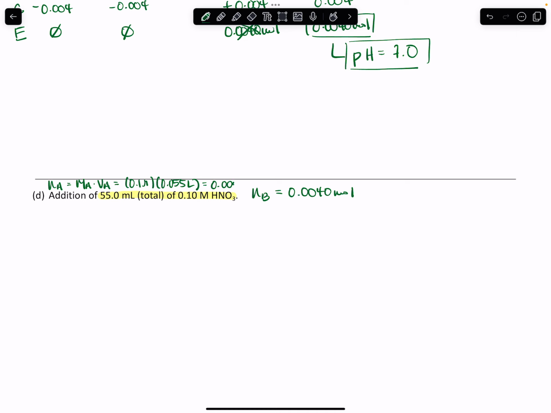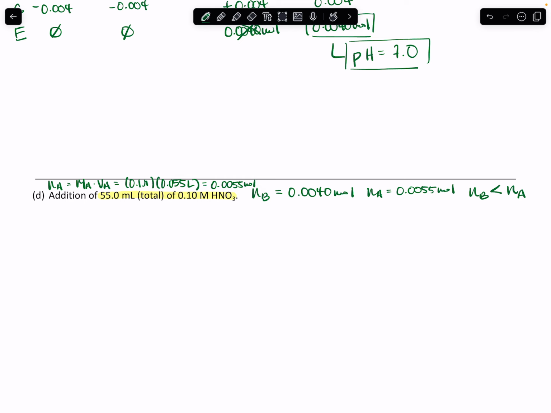So we're going to get 0.0055 moles of acid. So hopefully you notice that the moles of base are less than the moles of acid at this point.